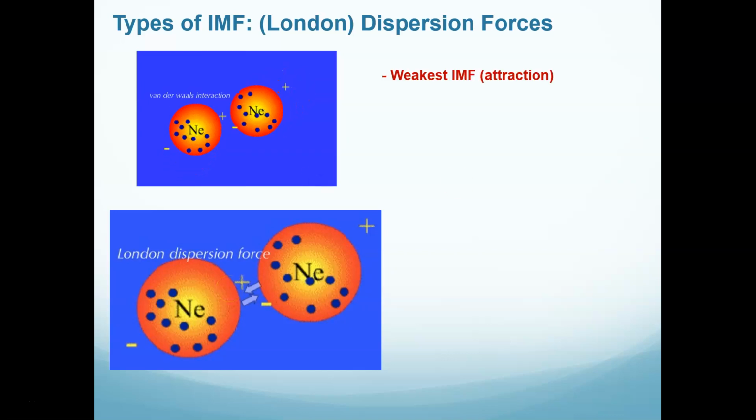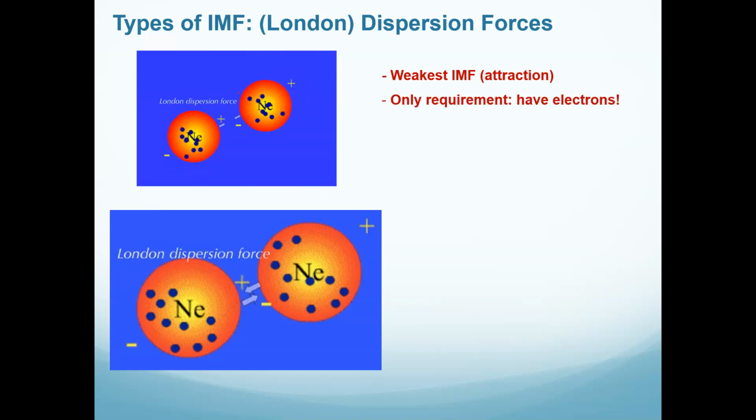It's the weakest type of intermolecular force, or attraction. The only requirement is that it has to have electrons, so every single atom and molecule has London dispersion forces. Everything has London dispersion forces. If it has electrons, that's the case.